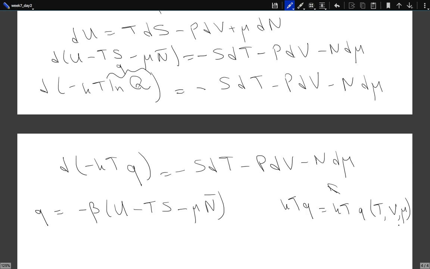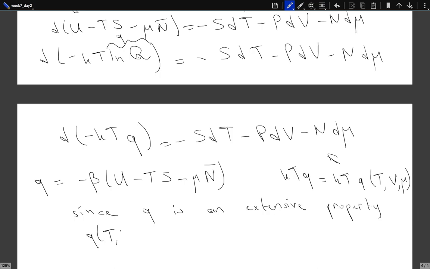If you look at the arguments of Q, the only quantity that is extensive over there is V. So this has to be proportional to the volume, because if you try to imagine any function, it should have the property that when you double the V, the function should also be doubled.